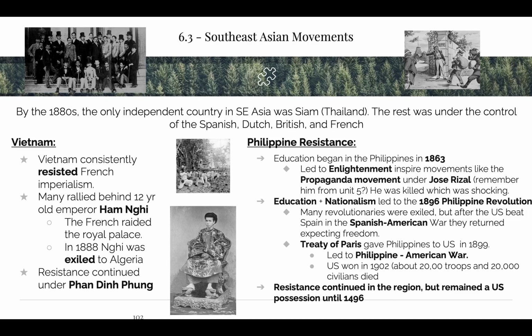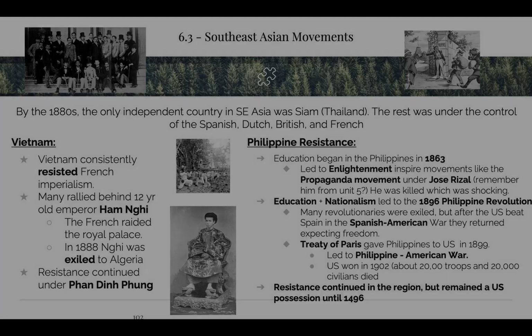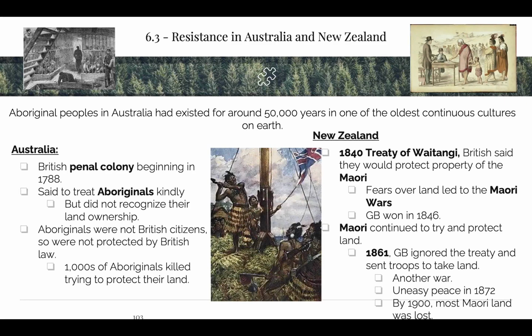The Philippines are going to continue fighting for quite some time. I don't think we give it up until after World War II. I'm a little shaky on the date at the moment, but we're not going to give it up for quite some time. All right, Australia.